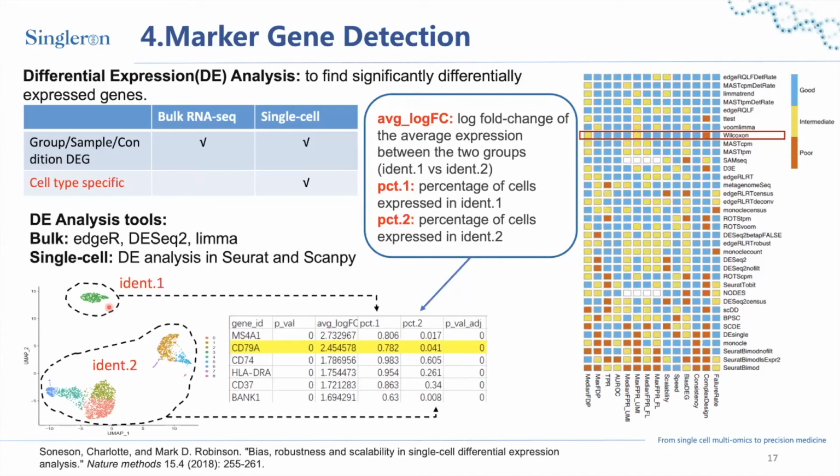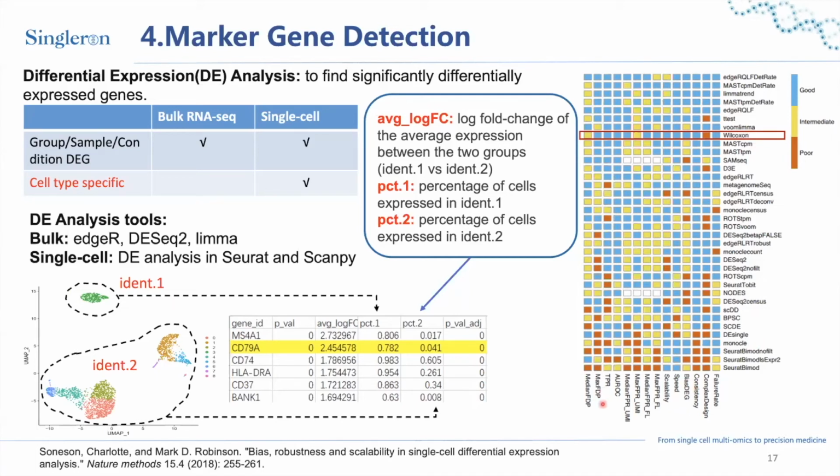As for the statistical analysis, there are a lot of statistical tests, and here I show you the evaluation of different differential expression analysis methods tested in a published work.